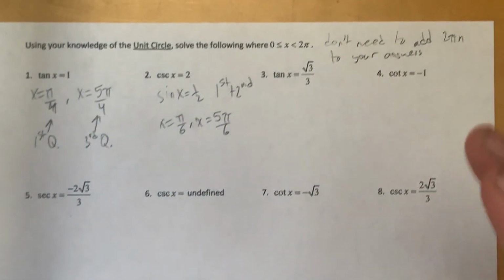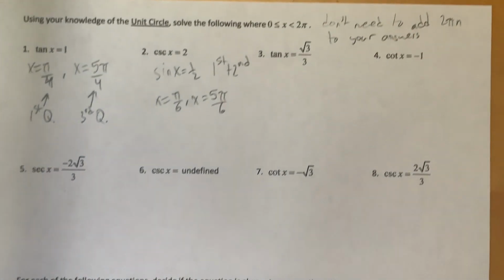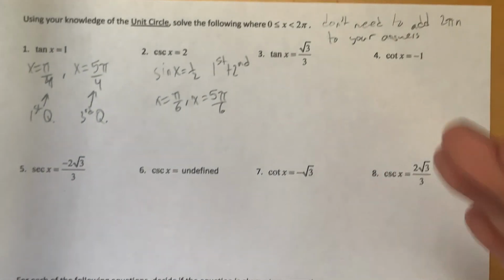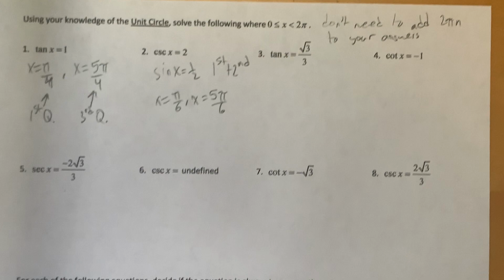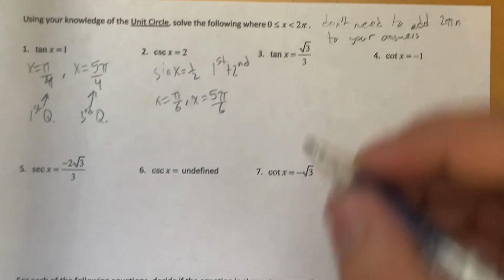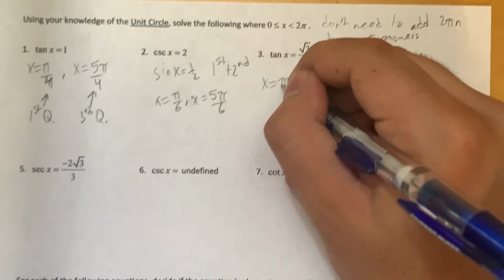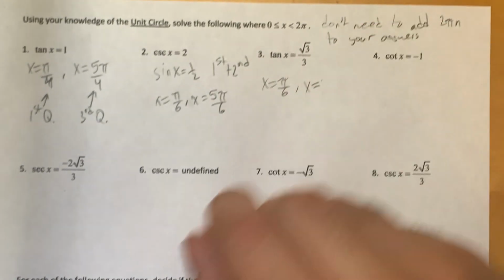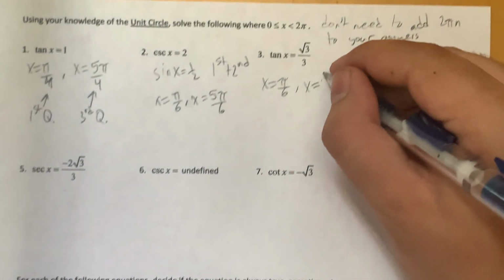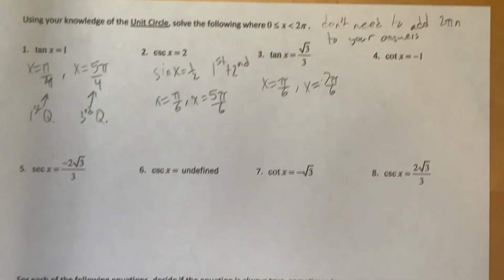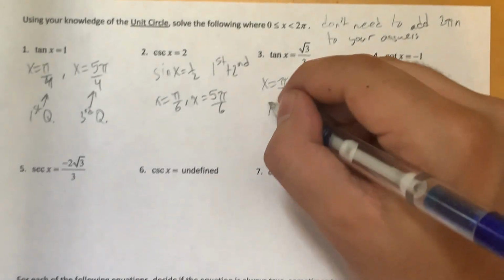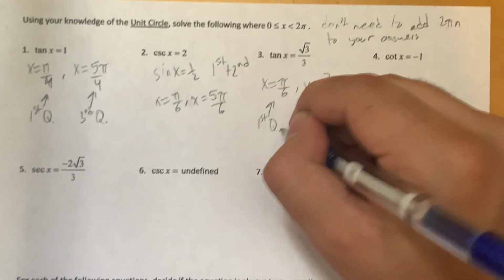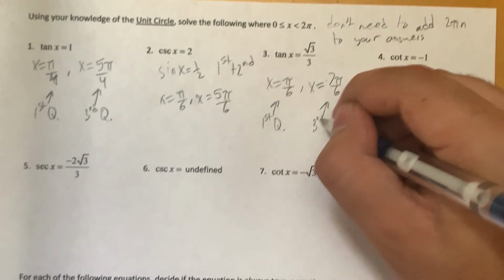So we kind of went backwards a little bit, helping you just remember which quadrant goes where. So we have a positive tangent, first and third again. X equals pi over 6 and 7 pi over 6. So first and third.